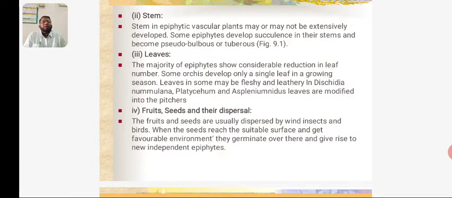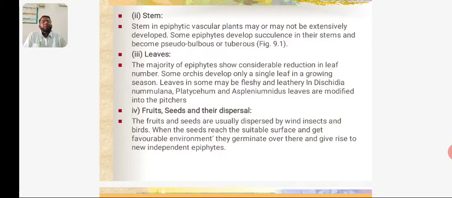See here, in Dischidia, Nummularia, Platycerium and Asplenium, the leaves are modified into pitchers. So these are the four species which are shown here. And then fruits, seeds and their dispersal are carried out in this manner.